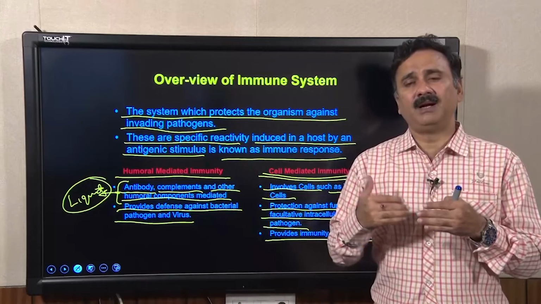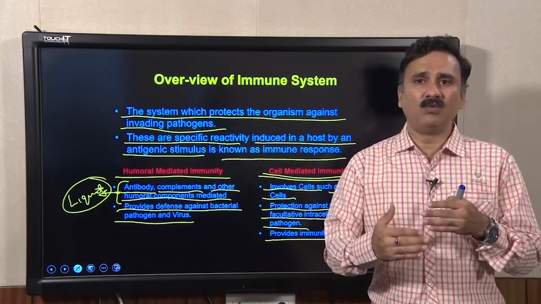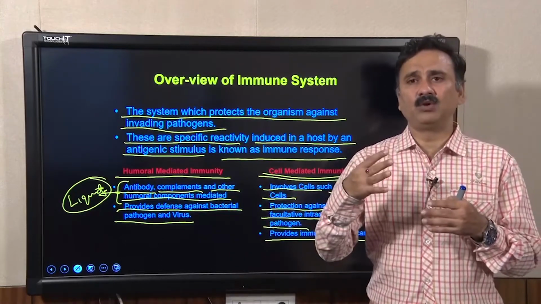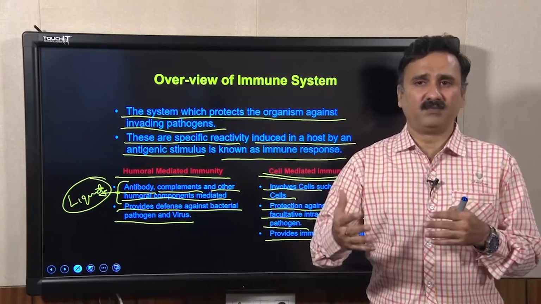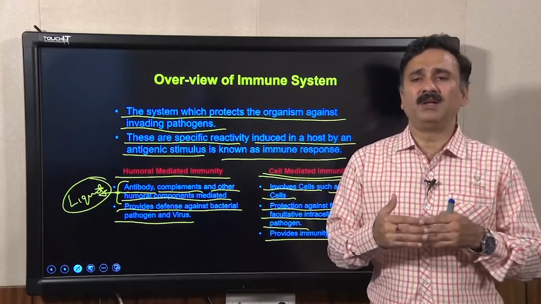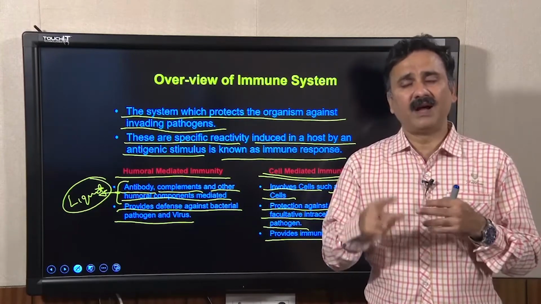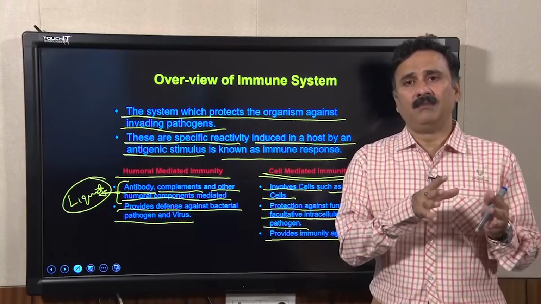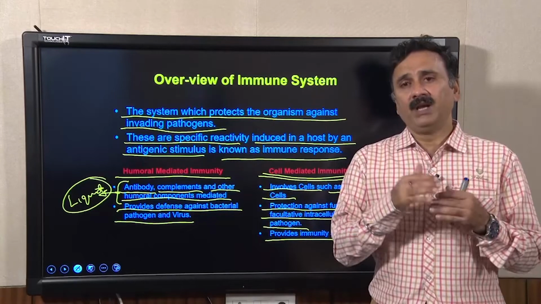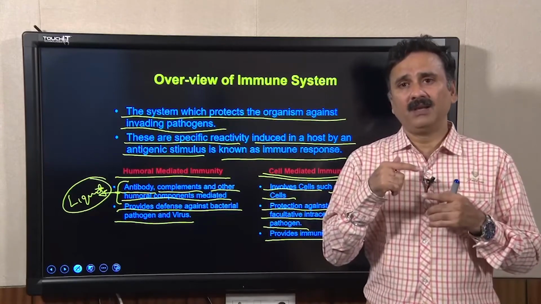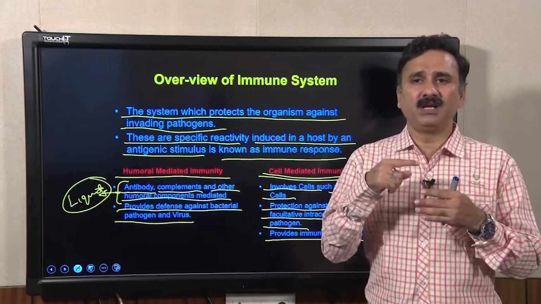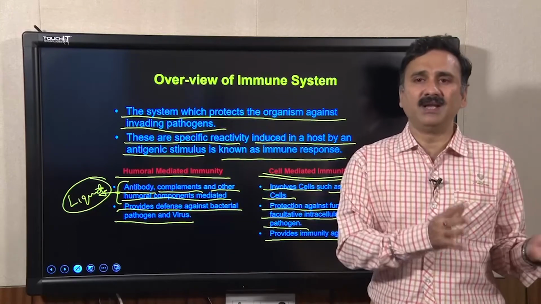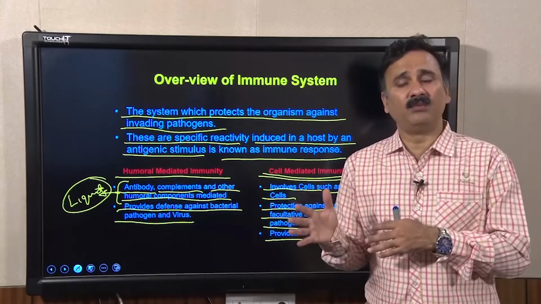So whenever there is a second round of entry of similar pathogens, it instantly recognizes the pathogen and creates a robust immune response. It acts especially against intracellular pathogens, for example Mycobacterium tuberculosis. And when a cell becomes irregular or is transformed into a cancer cell, the cell mediated immune response also acts against it to eliminate it from the body.